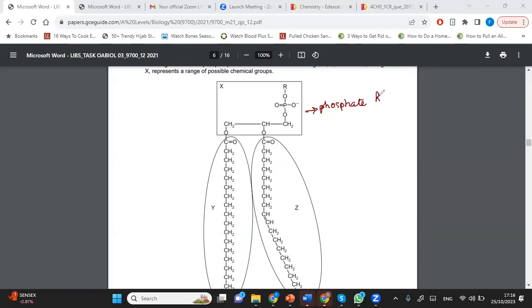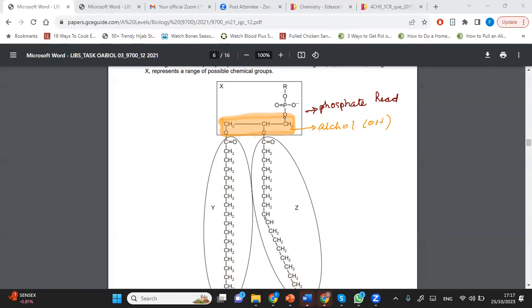The phosphate head, if you take a look, this structure that you see over here is your glycerol. What was glycerol? I told you guys glycerol is an alcohol that has 3 OH groups. In triglycerides, that is fats, all 3 OH groups are attached to carboxylic acids.